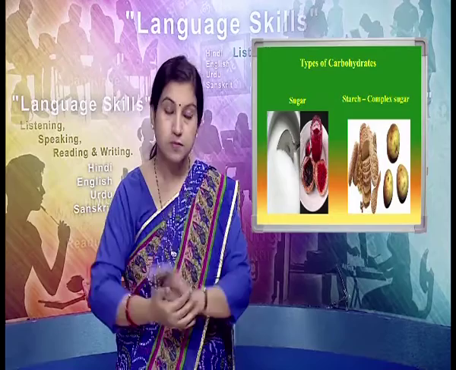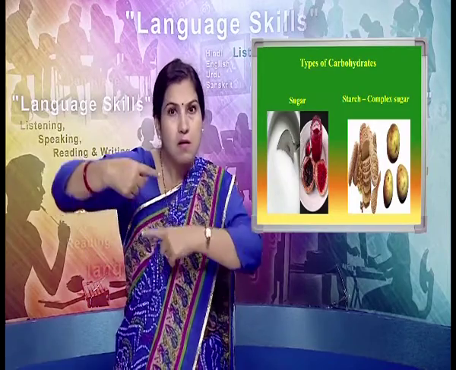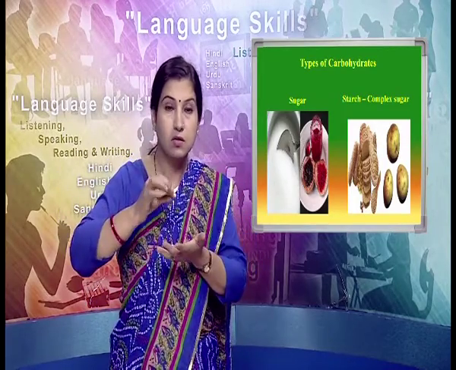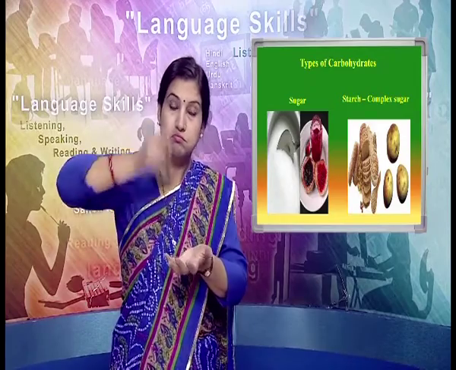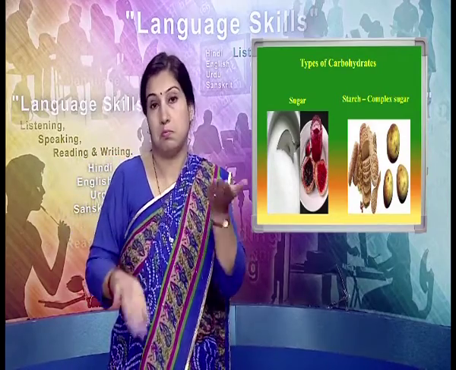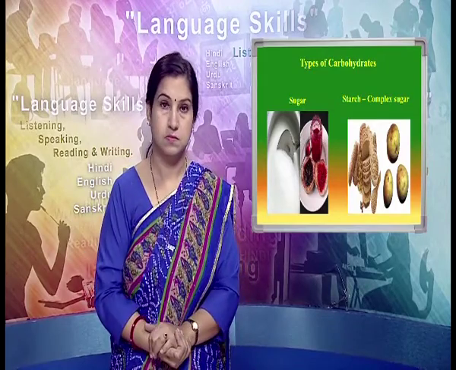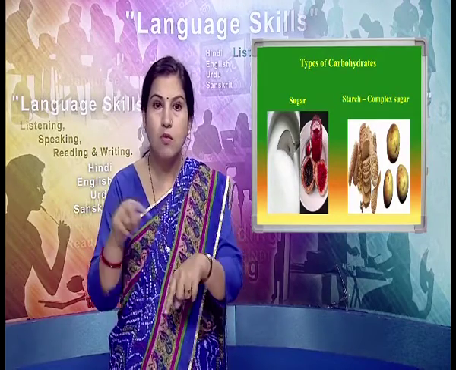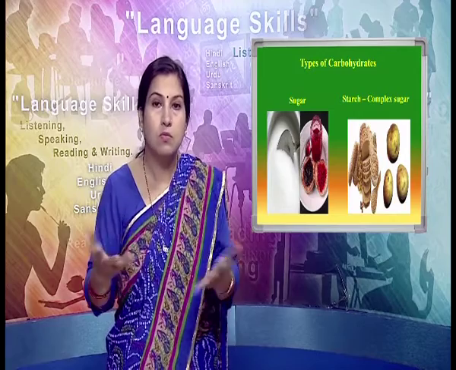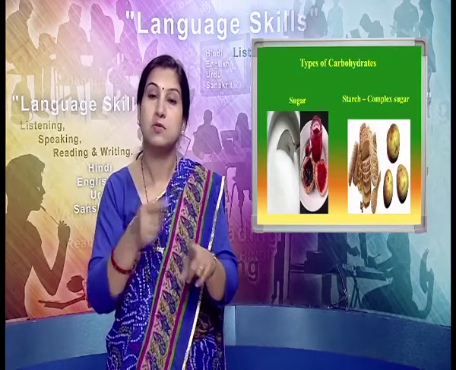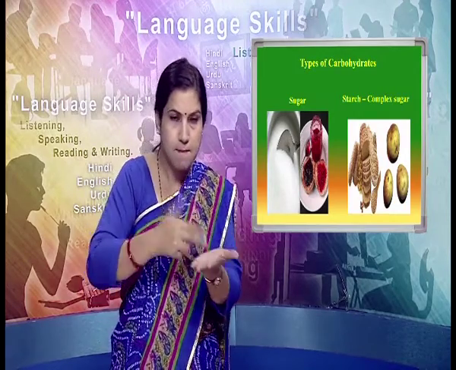But if you eat a lot of sugar in daily life, then you may be at risk for disease. The sources of sugar are different types of food like sweets, jam, etc.